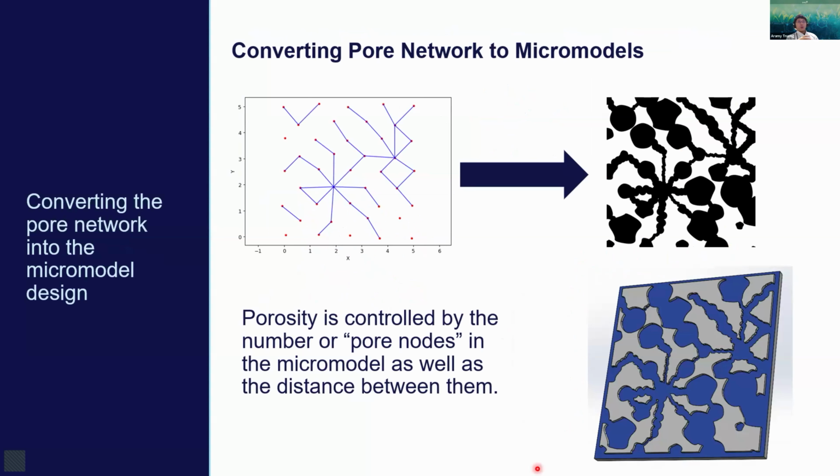Okay, so we have this two-dimensional network now, but now we want to make the actual geometry. This is what we're going to be using when we do our flow experiments, or if we fabricate them onto a chip. And what Porta Chip does is it takes this two-dimensional network, and then it will build a scalable vector image.